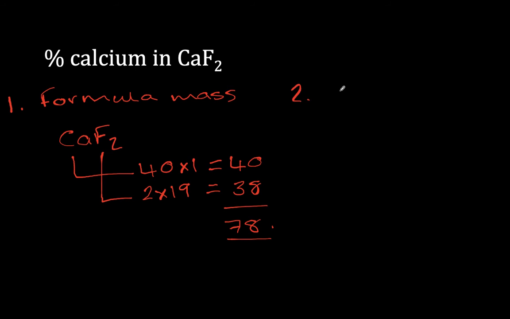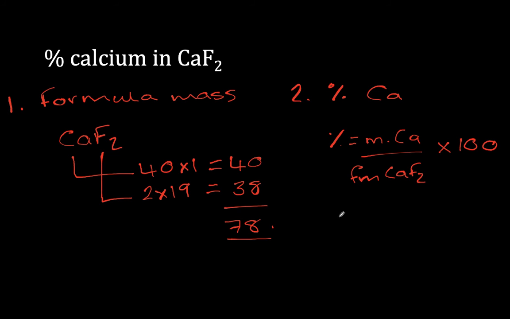Next up, we want to work out the percentage of calcium. To do so, we do the mass of calcium divided by the formula mass of calcium fluoride, and we multiply by 100.